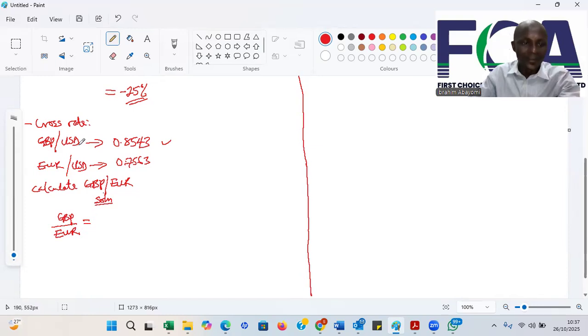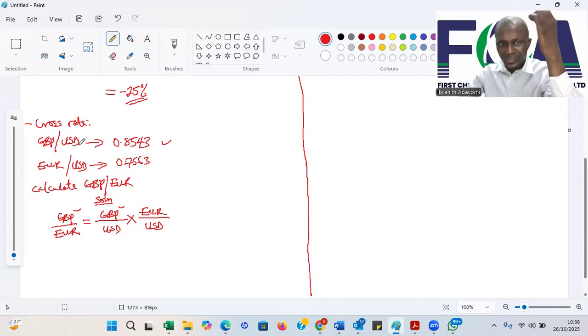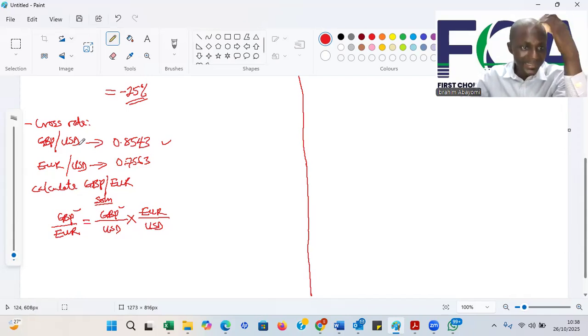Now, I have GBP to what? To USD. You can see that I have GBP here, I have GBP here. So that's fine. I will now say times the second quotation, which is EUR to what? To USD. Now there is a problem. What is the problem? Normally, my GBP should be up and euro should be down.